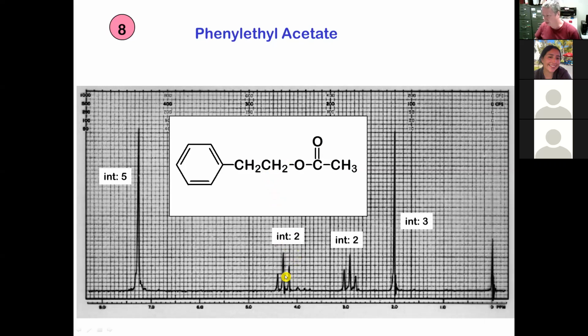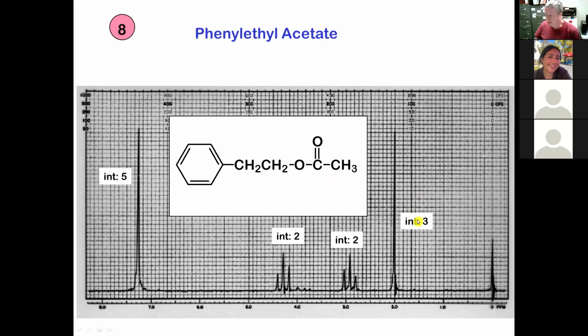So the left triplet is the right CH2 here, okay? Because it's next to the oxygen. The oxygen has a huge effect. Being next to a benzene has an effect, but it's not as severe. And we already said that's usually going to be in the 2 to 3 region. So the benzene-side CH2 is actually the one on the left.